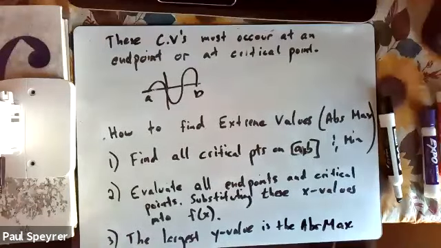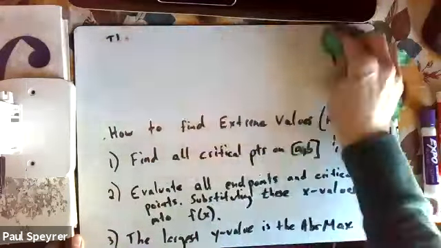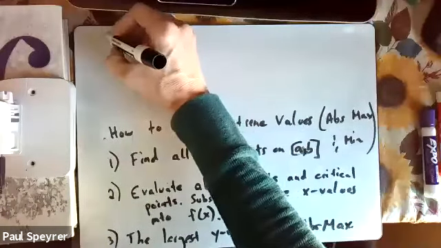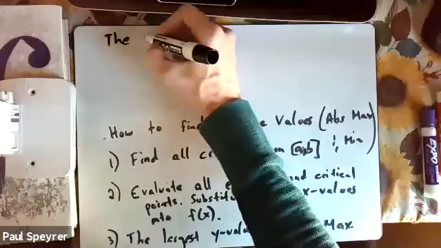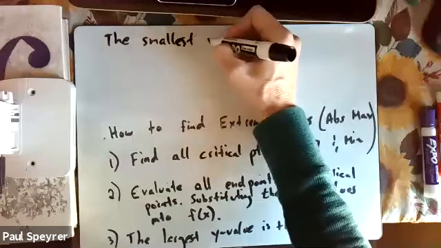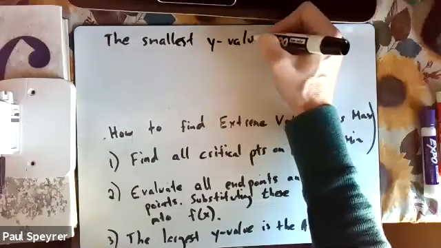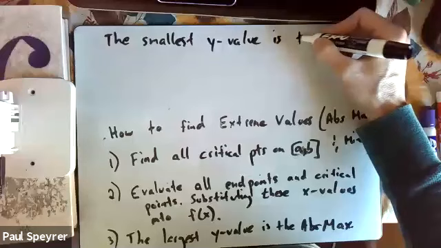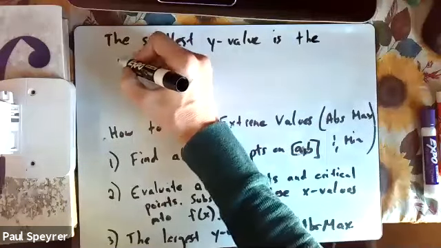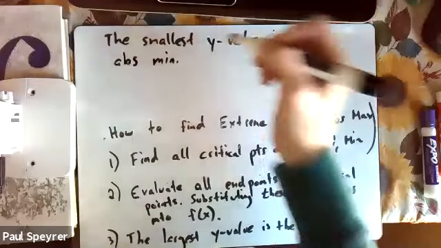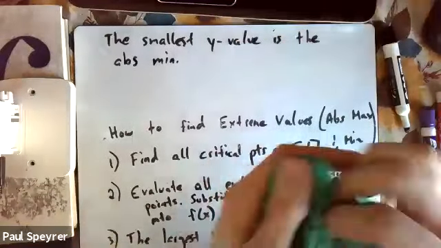And then the smallest y value would be the absolute min, or the absolute minimum point.